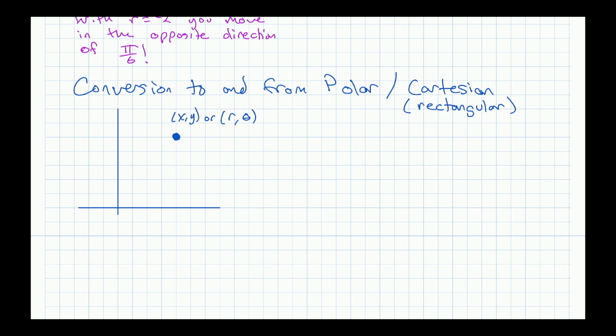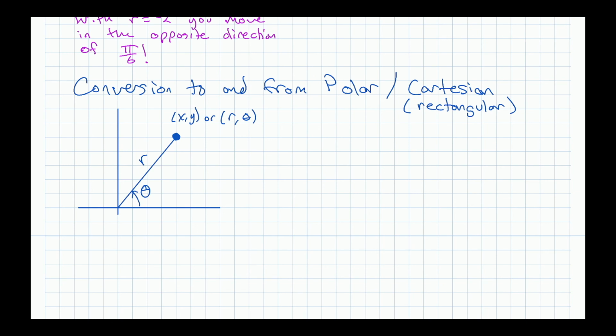But the way you measure it is different. If you make a line from here to here, then this distance is r, the distance from 0, 0 up to that point. And then the angle theta is right here. But you've also got x and y coordinates.